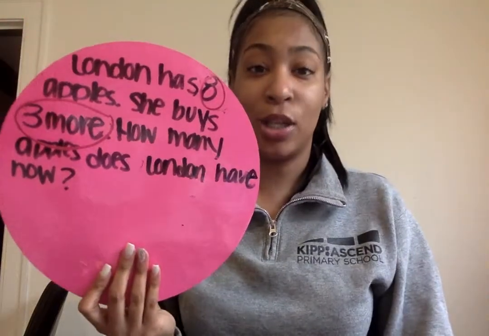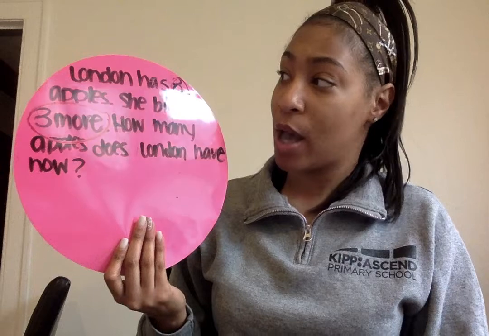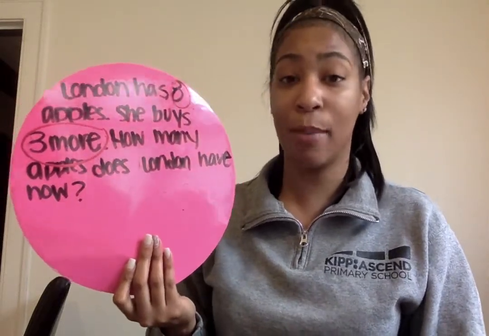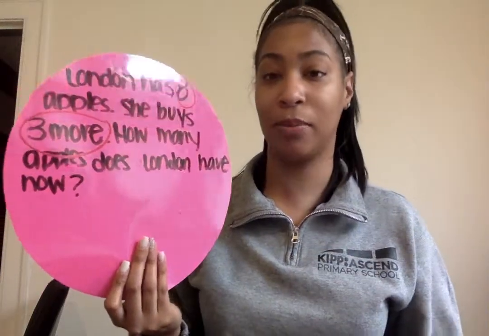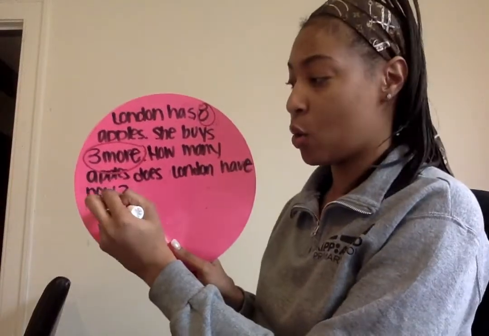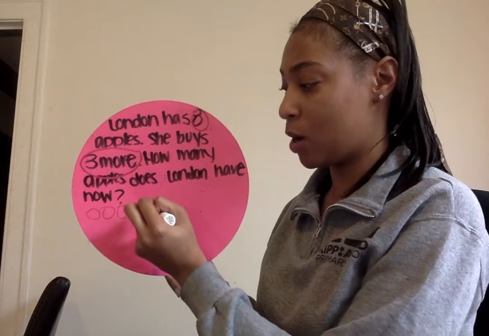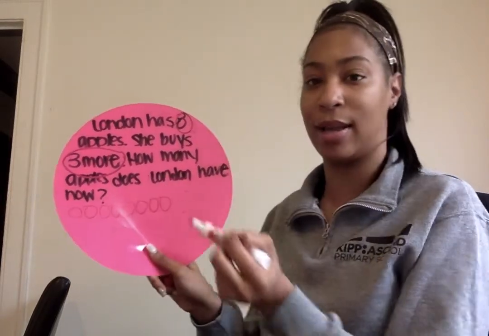The next important thing to do is to always draw a picture to help you solve your problem. I know that London has 8 apples. So the first thing I'm going to draw is 8 apples, and I want you to draw them with me. 1, 2, 3, 4, 5, 6, 7, 8.